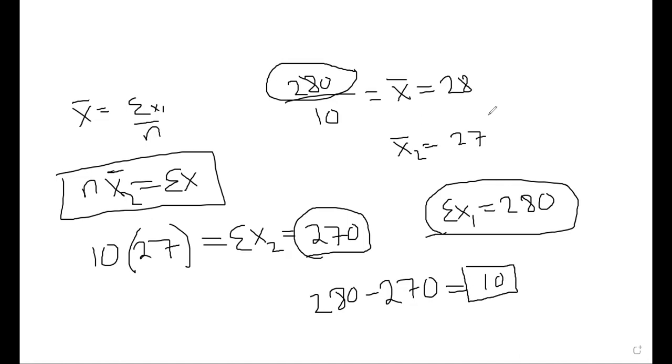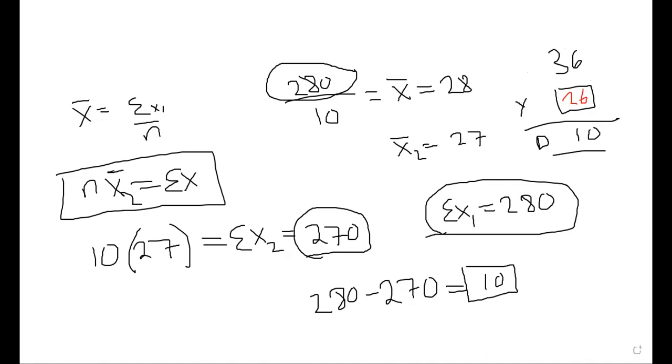So we identified that the oldest guy here was what? 36 years. So if there's a difference of 10 years between the young guy who was put in and the oldest who was removed, what do you think was the age of the young guy? Because we're already told the difference is 10. So the young guy should have been how old? The young guy should have been 26 years old.